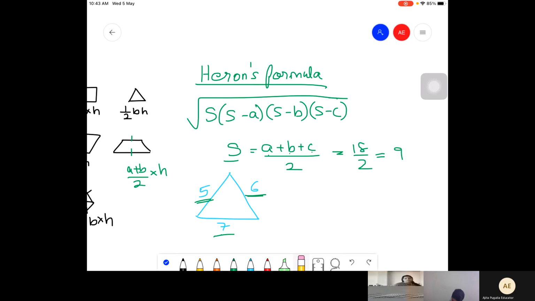Six. Is this a perfect square? I haven't calculated. You are going to calculate and tell me the answer, then I'm going to check. Okay.